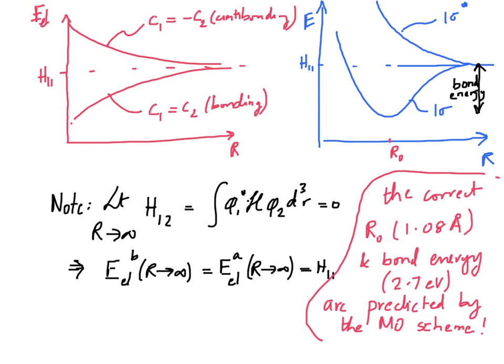It turns out that if this whole scheme, this molecular orbital scheme, were adopted, and suitable approximations are made, and the integrals are evaluated to a reasonable level of accuracy and so forth, the correct values of the bond length and the bond energy can be predicted.